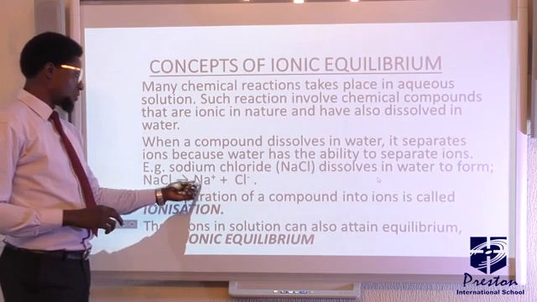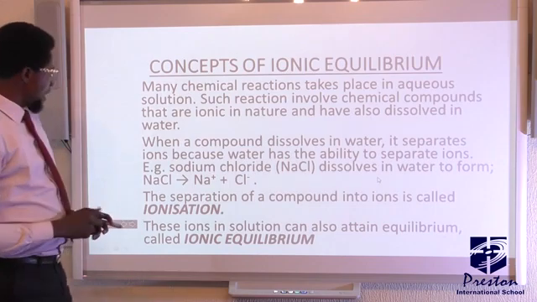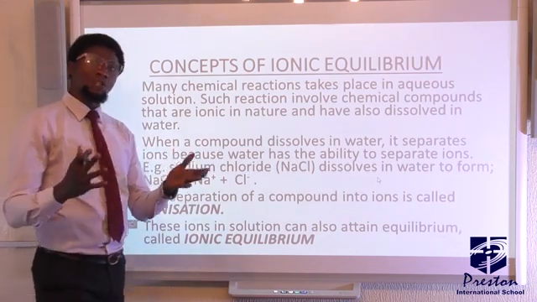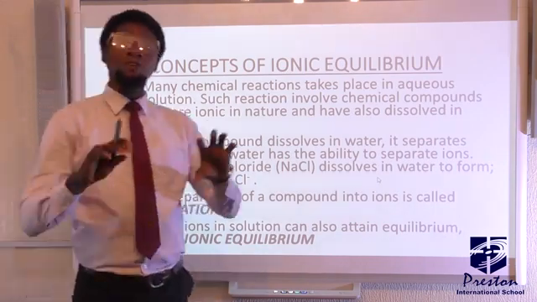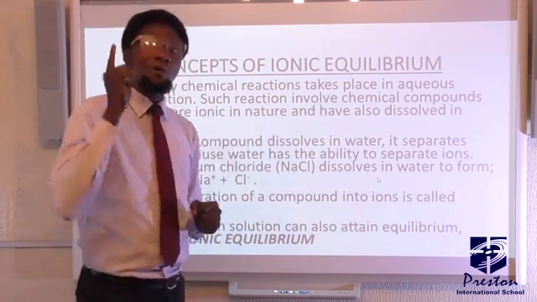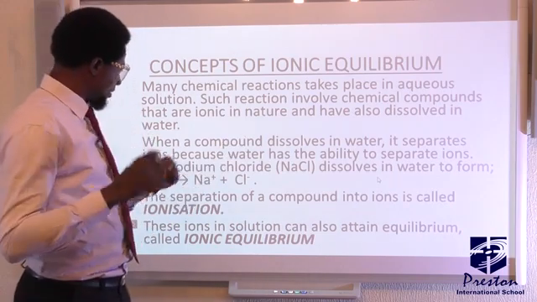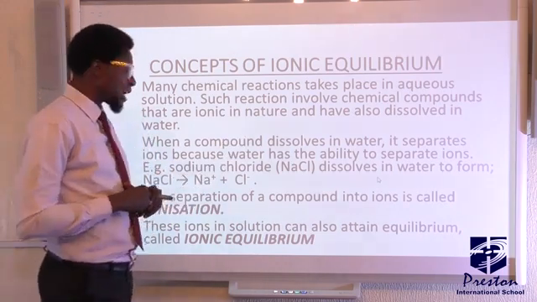So this one is the positive ion, while this one is the negative ion. Okay? Anytime you have separation of a compound into different ions, you call such a process an ionization reaction. You might be asked to define what an ionization reaction is. I think that is simply the definition of ionization reaction.